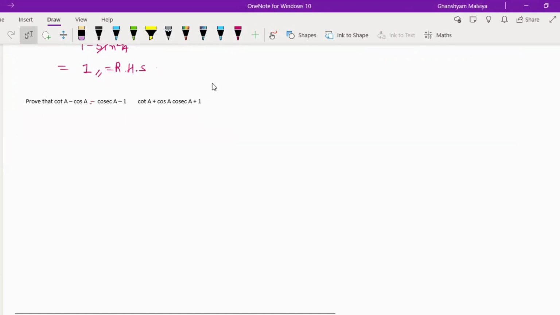Here in between that is equal to cot A. Denominator is this.